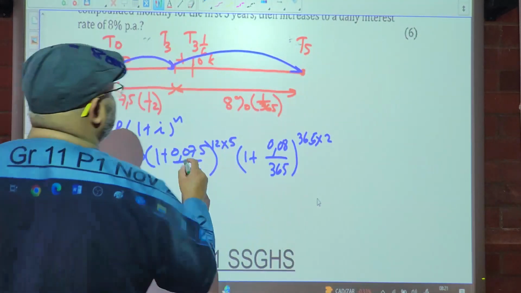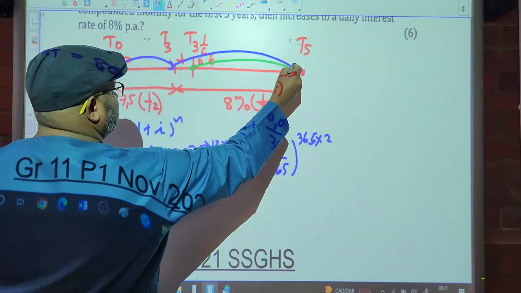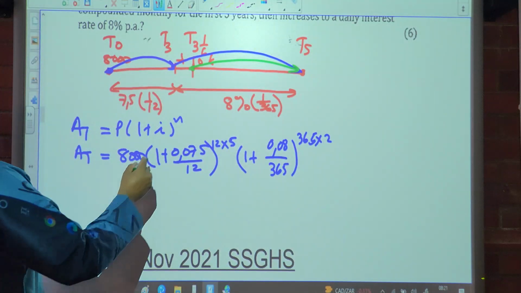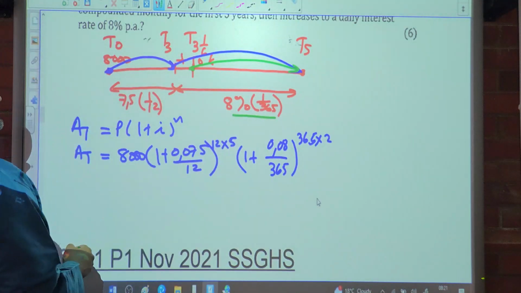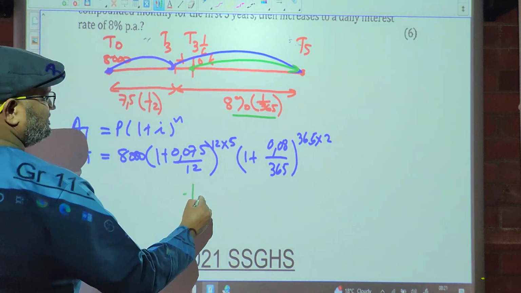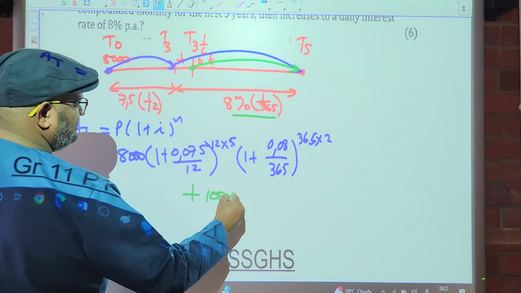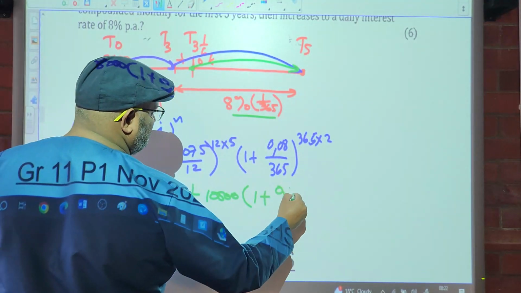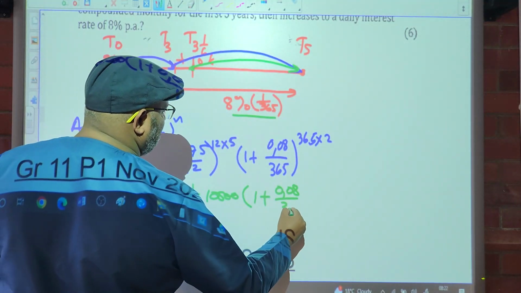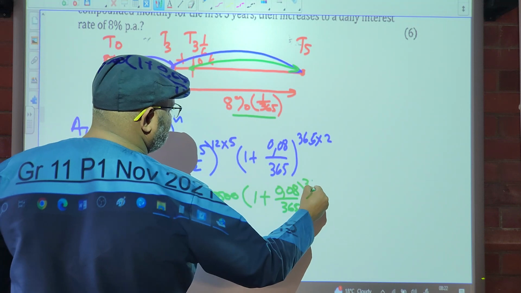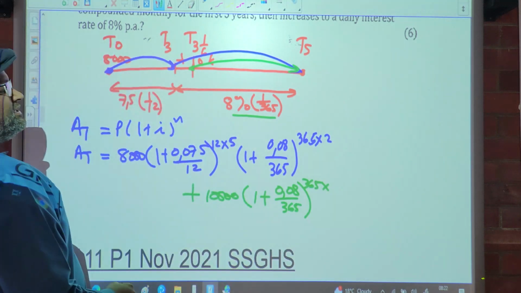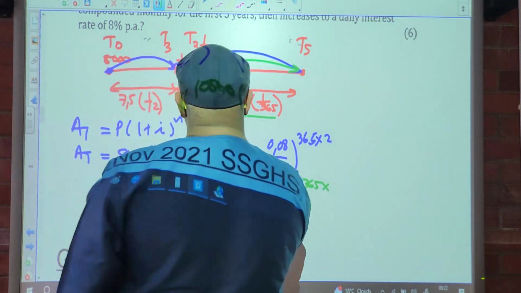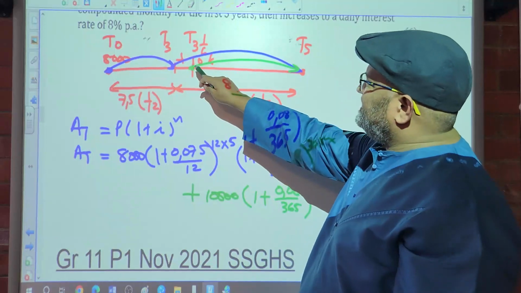Okay. Then we've got 10,000 Rand to the end, not so, at the interest rate of 8% compounded daily. So I say 10,000 Rand into 1 plus i, which is 0.08 over 365, to the exponent 365 times. Now, how much time is it in years?